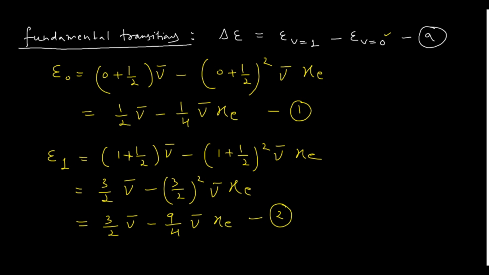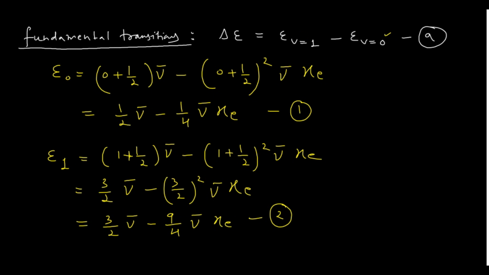What I can do in that case, so I can put this equation 1, half of nu bar minus 1 by 4 of nu bar xe, I can put here, and this 3 by 2 of nu bar minus 9 by 4 of nu bar xe I can put here, and then I can derive the result.